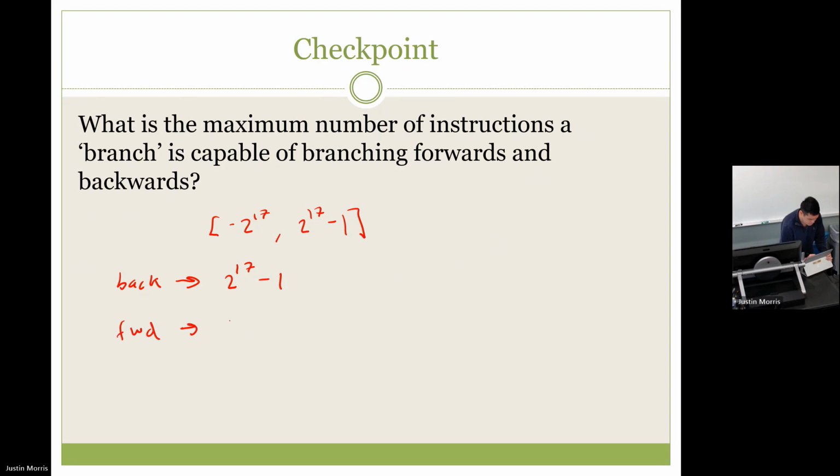Forwards, it's 2 to the 17 minus 1 plus 1, nothing. What do I put here? It's actually nothing, because you have -1 here, but you are basically +1 from the PC plus 4, so they just cancel out. So this is our forward and backwards range in terms of number of instructions. If we were talking about address space, you would need to multiply these by 4.